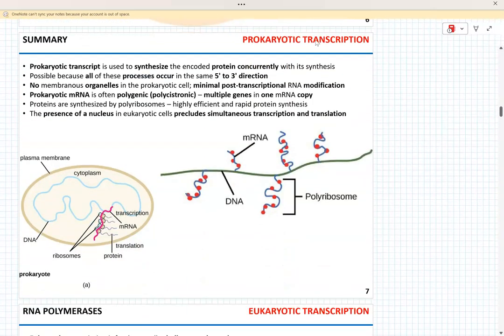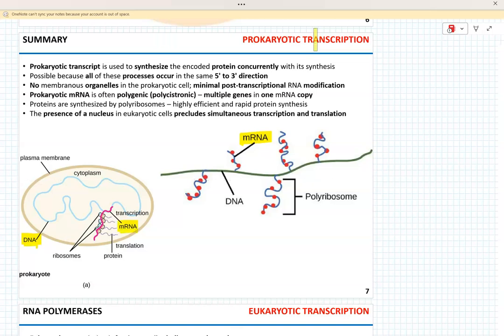So let's summarize the transcription in prokaryotes. It's interesting that the transcript, shown here in blue, can be used to synthesize the protein while the transcript is being synthesized itself. If you look at the illustrations on the right and on the left, the blue circular line represents the DNA located in the nucleoid region of the cell.